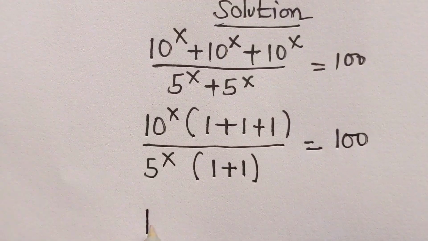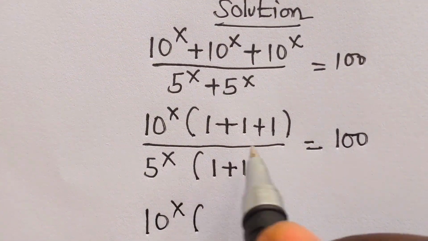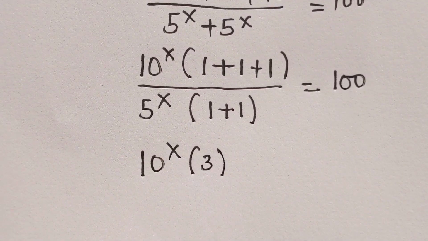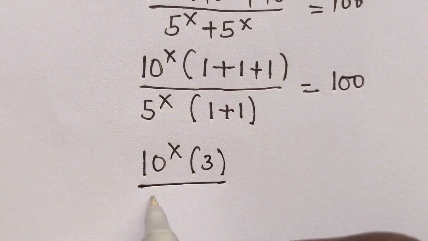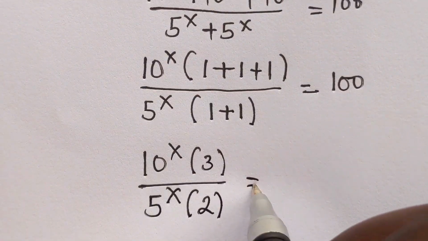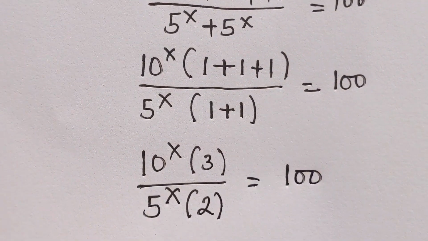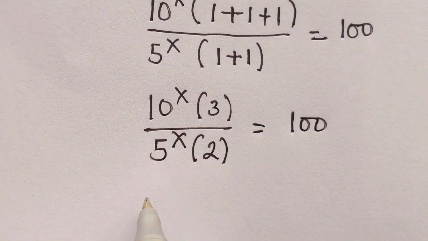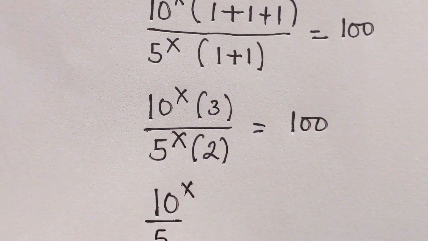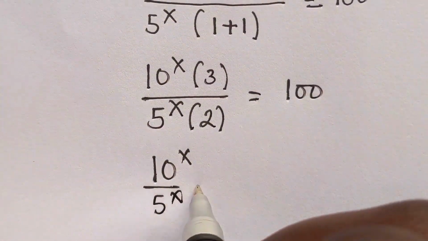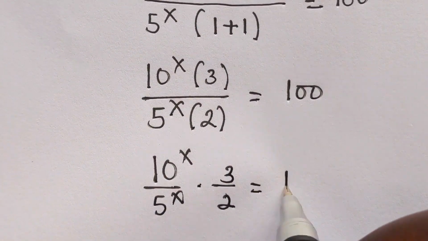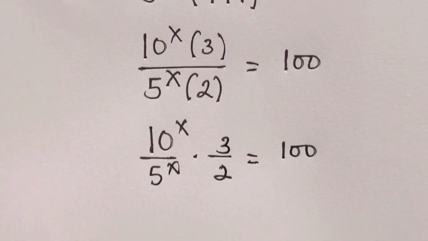So here we have 10^x times (1 plus 1 plus 1), which equals 3, and we divide by 5^x times 2, which equals 100. So this is 10^x over 5^x times 3 over 2, and this is 100.